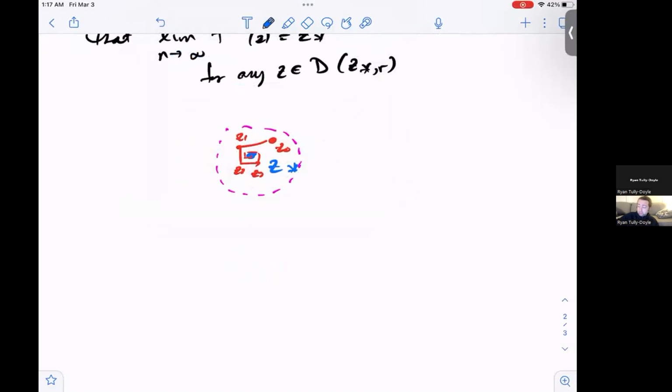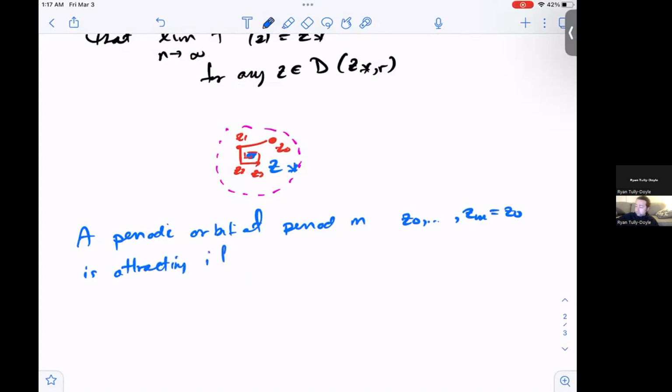So what I mean is we're going to make the definition: a periodic orbit, say of period m, consisting of the points z naught up to zm, which is equal to z naught, is attracting if, I guess we should be careful here, if z naught is an attracting fixed point for m iterations of f.